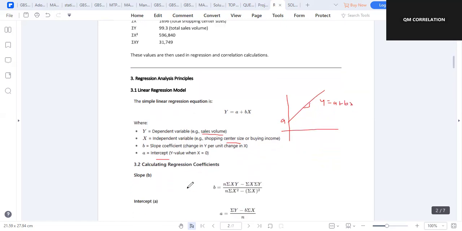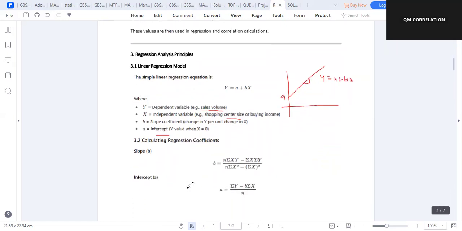To calculate our A and B, here are the formulas that we use. We can learn how to come up with the value of totals. Formulas will be given to you, but you can use these formulas for now.